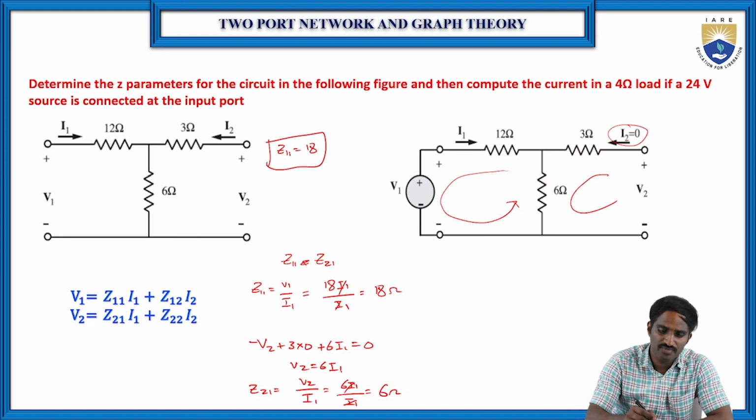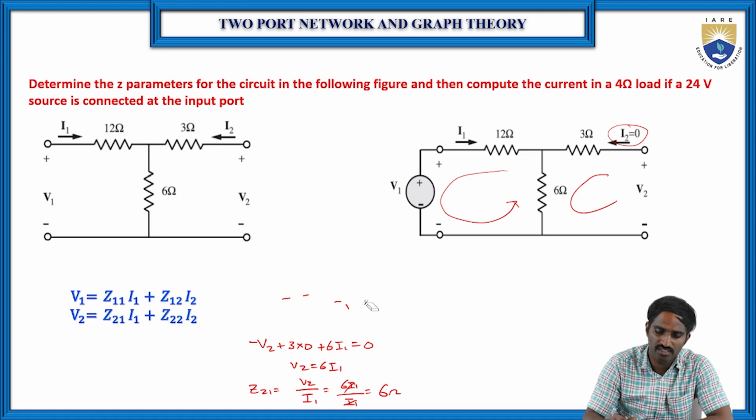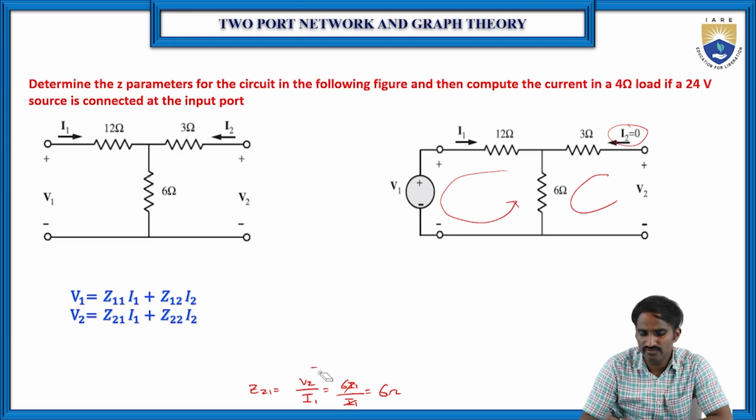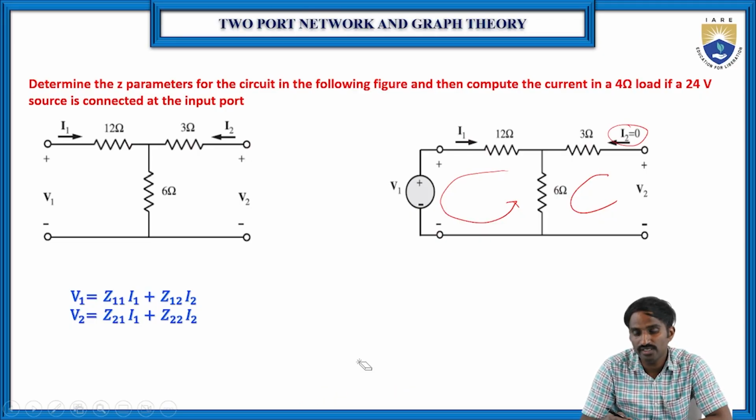Then similarly, by making the input side an open circuit, so that I1 is equal to 0, we need to find V1 and V2 in terms of I2.